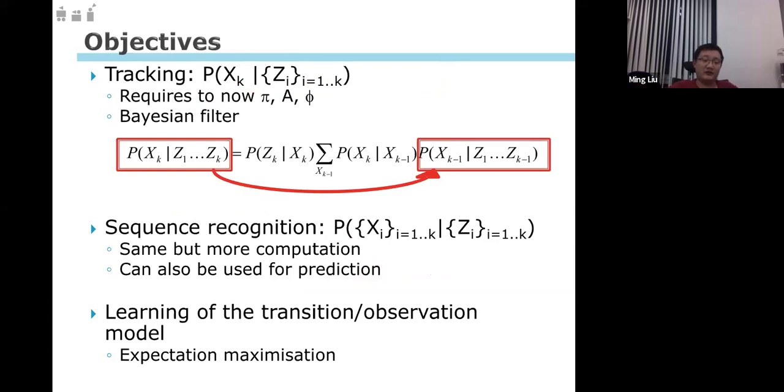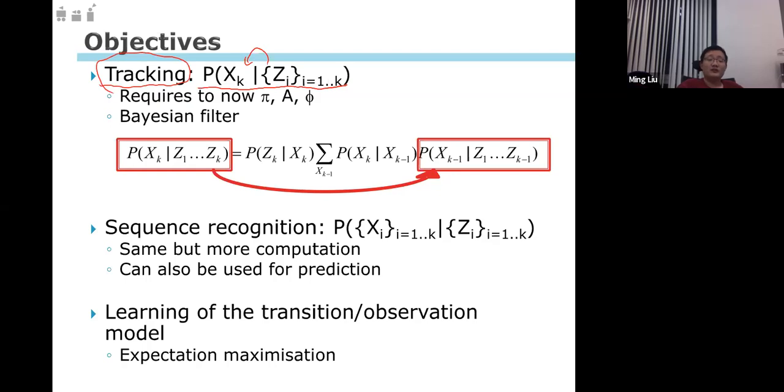HMM can solve many problems, depending on how you formulate the equations. If you want to use a sequence of observations to solve for the current state, it's more or less like a tracking problem.